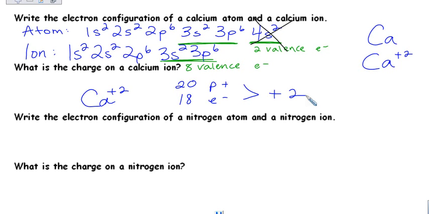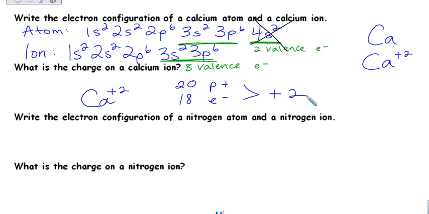We can do chemical reactions, which involve changes in electron structure. So the way that you get a positive charge is not by gaining protons. It's by losing electrons. We still have the same number of protons. But if we're down in the electron count, we'll have extra positive charges.